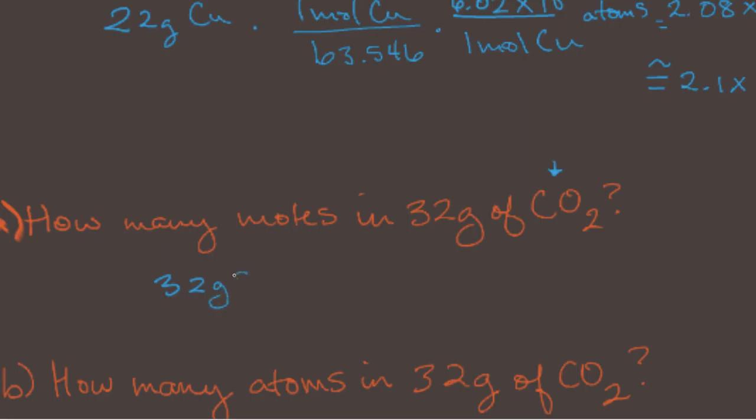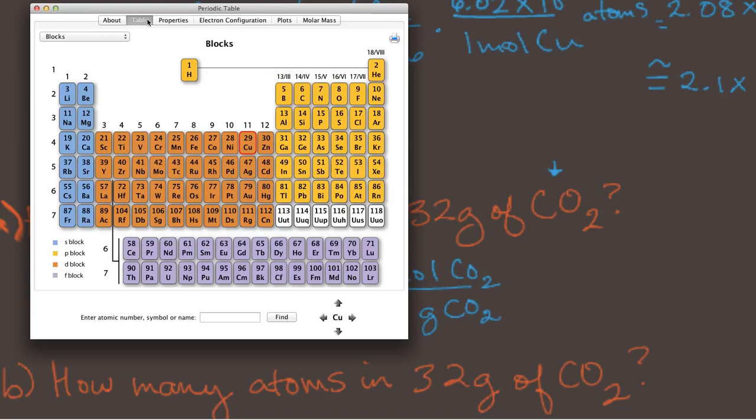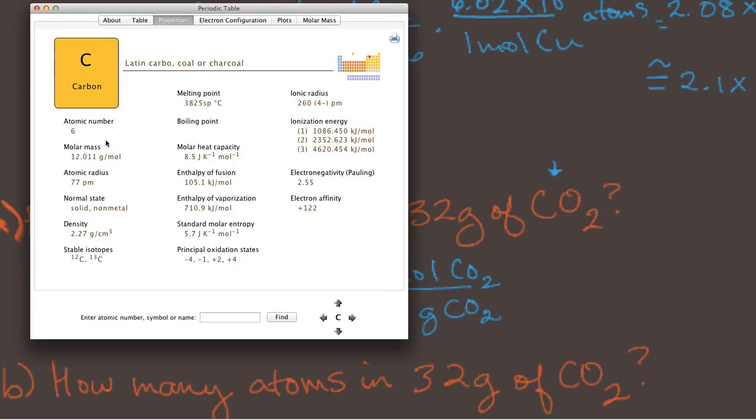Always start with what you have, multiply by the conversion factor. In this case, we're going to go molar mass of carbon dioxide on the bottom to 1 mole of carbon dioxide. And if you were to add those up, you would get 44.01 grams of carbon dioxide. Where do I get that from? Well, if you look over here on your table, you have carbon, which is 12.01, and then we have 2 oxygens, which is going to be 15.999 or 16.